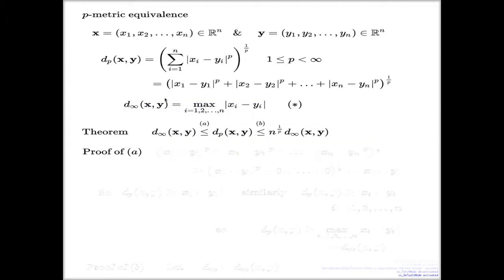First I'm going to take this expression which represents the dp metric. Here it is, the whole expression. Just repeat it here. And what I'm going to do is this. I'm going to vanish every term in this representation except for the first one.